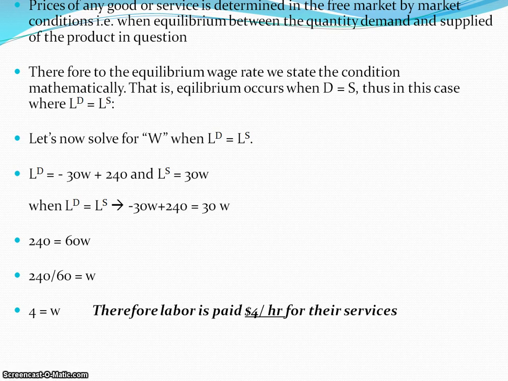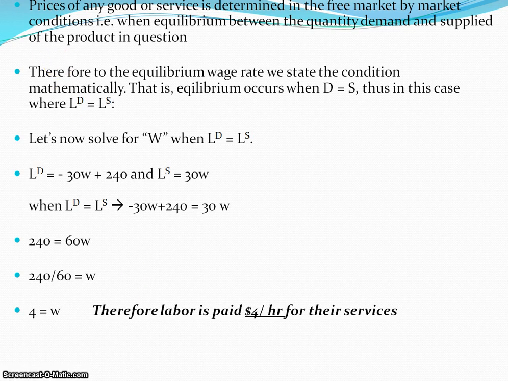Okay? So we have determined the equilibrium price, and let's now determine the equilibrium quantity. How much labor will actually be demanded and supplied at this price of $4 per hour for labor. And then we're going to move on to looking at the implications of a wage being set at $7.